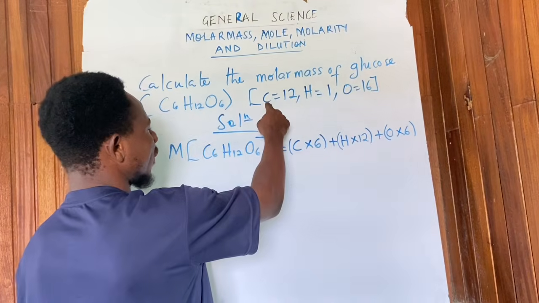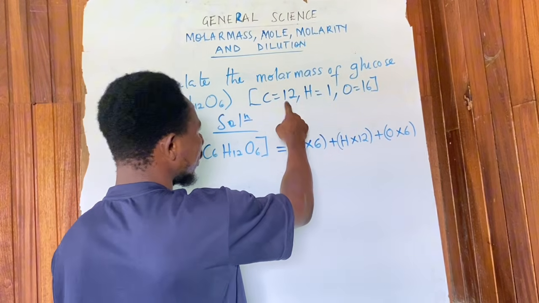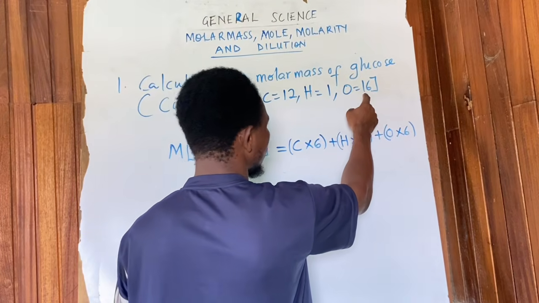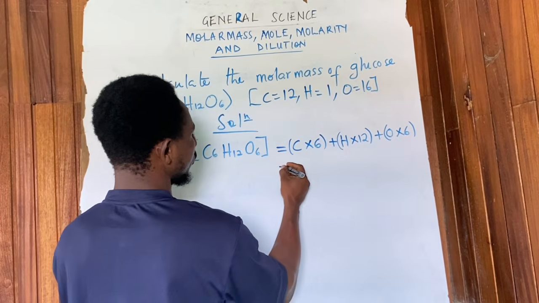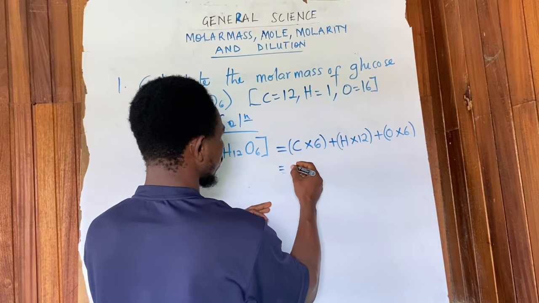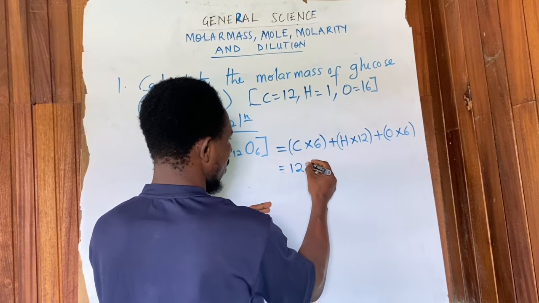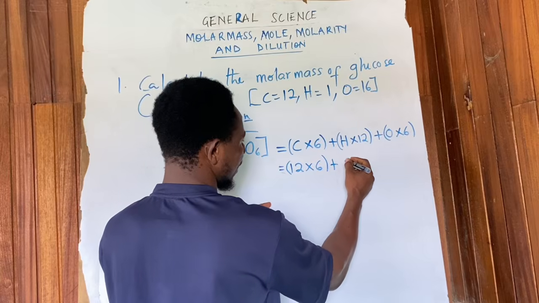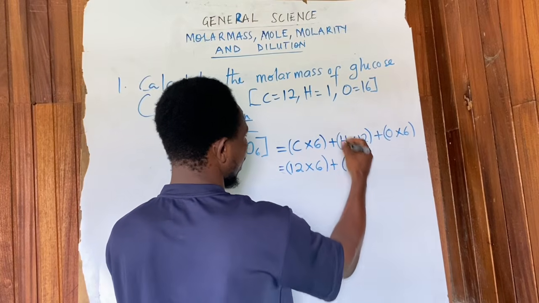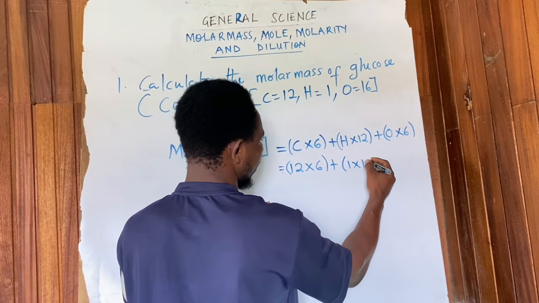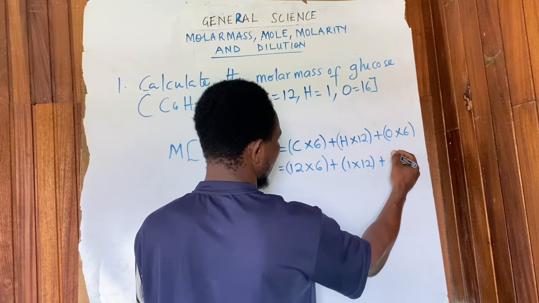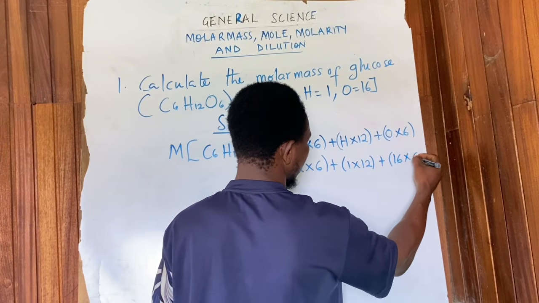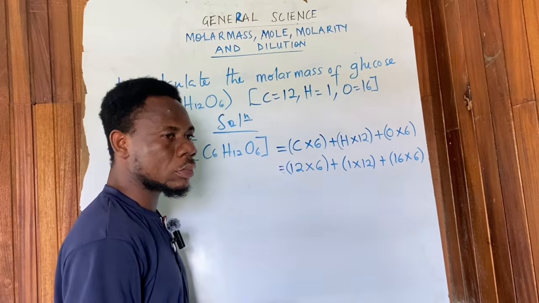So in place of carbon, we put 12 there. In place of hydrogen, we put 1 there. In place of oxygen, we put 16 there. So we do it: carbon here is 12, multiplying 6, plus hydrogen here is 1, multiplying the 12, plus our oxygen here, which is 16, multiplying the 6, like this.